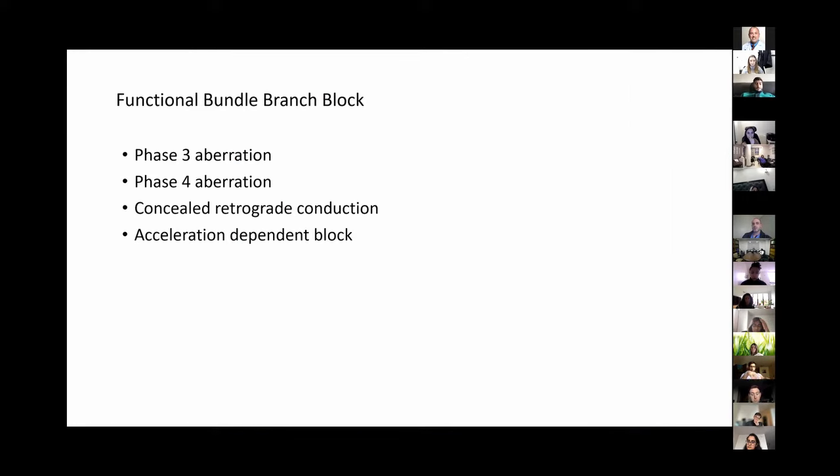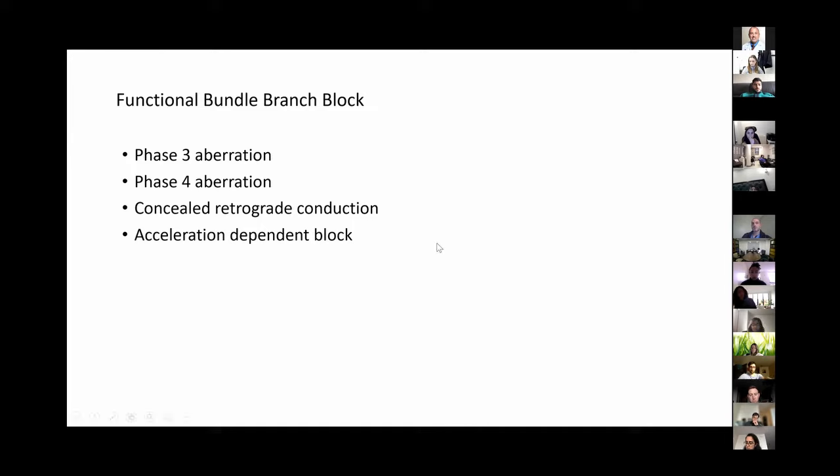Then functional bundle branch block. I was thinking of going over this in detail with you, but I think it's probably going to be too much. But let's just remember one concept. The patient can have, at a certain heart rate, what we call a rate-related functional bundle branch block, where at a certain threshold, let's say above 120, above 130, they develop bundle branch block, and then if they slow down, that resolves.